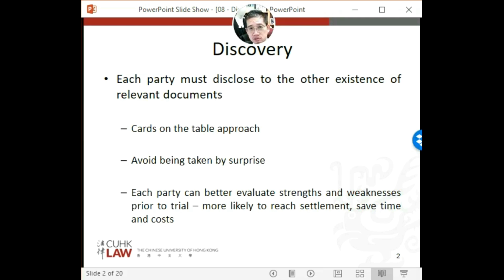Because in modern litigation, we want to encourage settlement. We don't want people, under some kind of mistake, thinking that they have a strong case, not knowing what the other side has. Hopefully, if one party has a weak case, this party would be advised to settle and not spend all that money on legal costs.